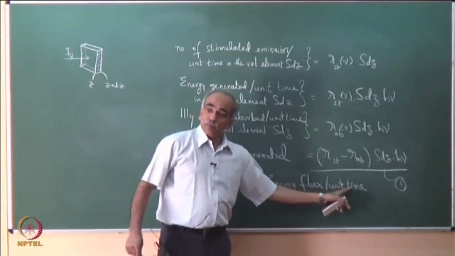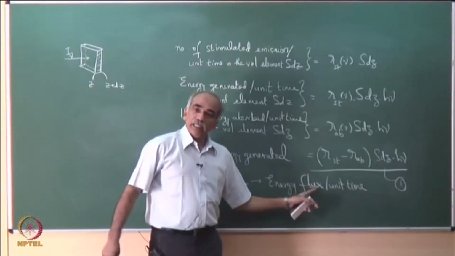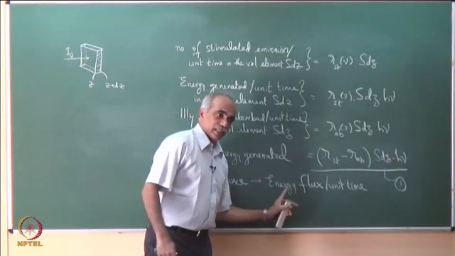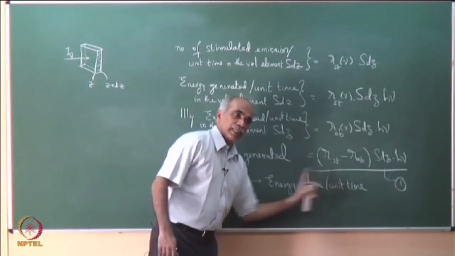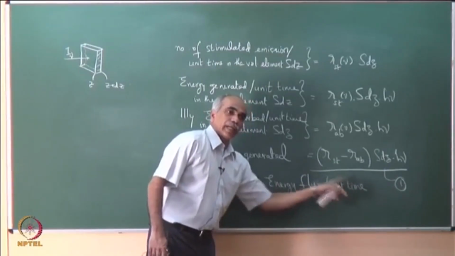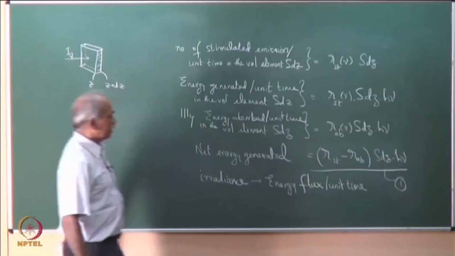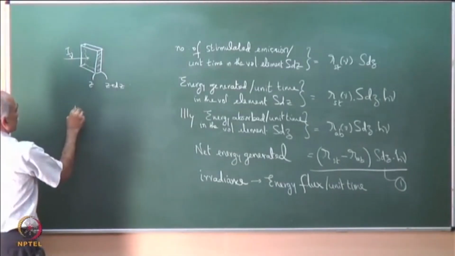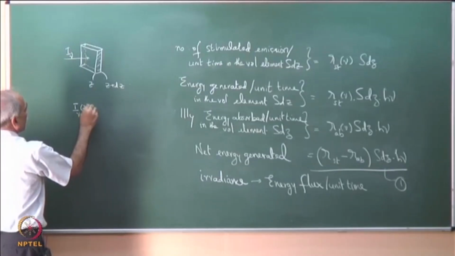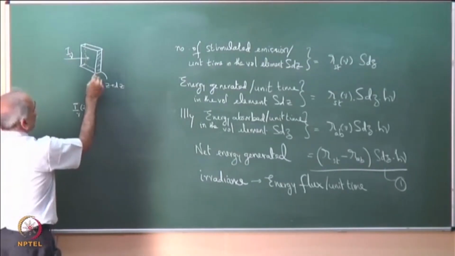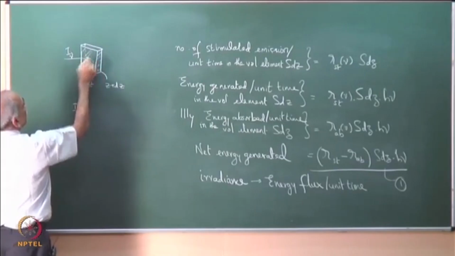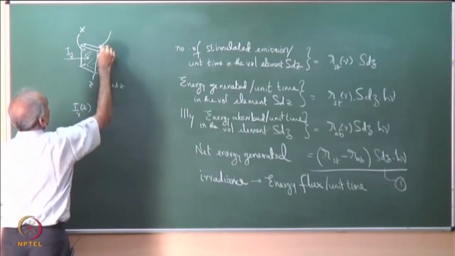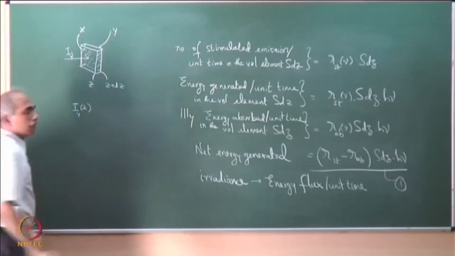Energy per unit time is power and power per unit area is intensity. That is why it is I. If I nu of z is the irradiance on this plane, let me show this end plane as plane x and the other plane at the other end as y.